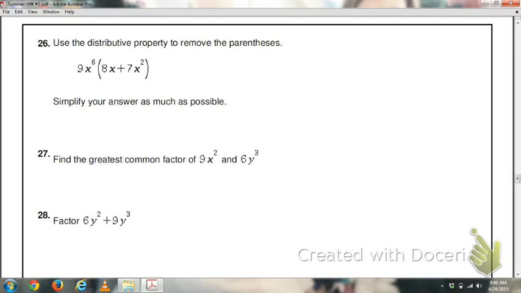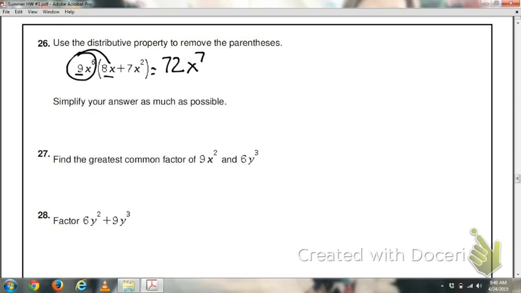And finally, on the last page, I have to use the distributive property to remove the parentheses. So again, we've done one like this earlier. I'm going to distribute that 9x to the 6th times 8x squared. So 9 times 8 is going to be 72, and x to the 6th times x, that's a total of 7 x's being multiplied together if you add those exponents up.